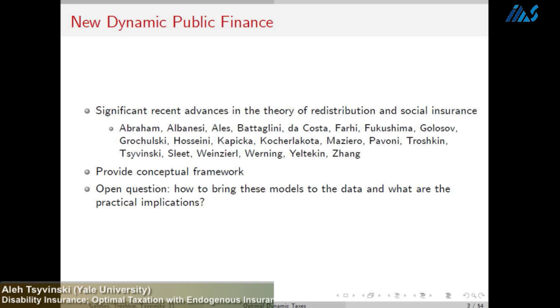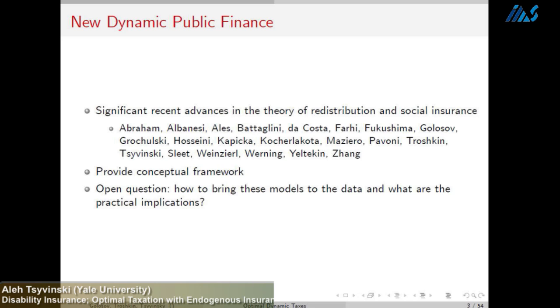This approach is, I think, to some extent comparable to the static Mirrlees approach as it was done, say, before Peter Diamond or Emmanuel Seitz, in that it provides a conceptual, or maybe more theoretical, framework for how to think about these issues.